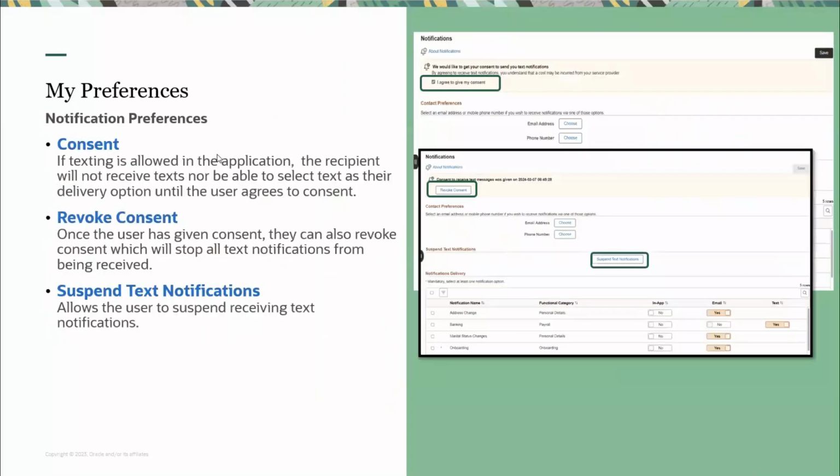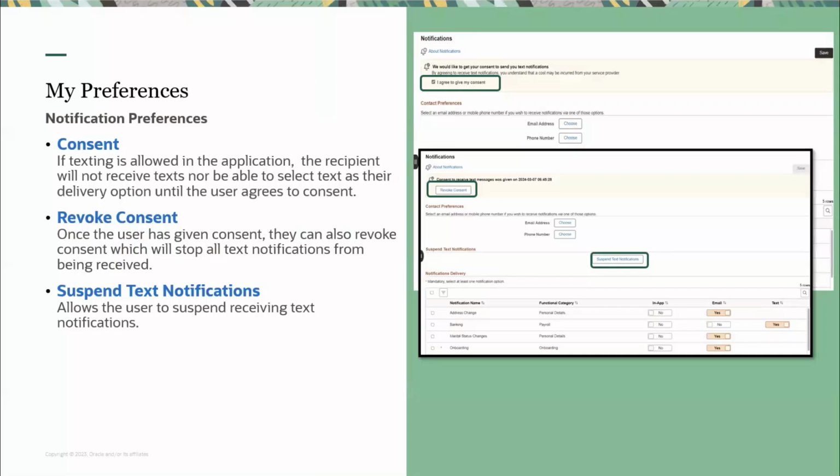All right. So next up is on the notifications page in my preferences. So consent, if texting is allowed in the application, like in the global settings, the recipient will not receive any text, nor will they be able to select text as their delivery option until the user agrees to consent.